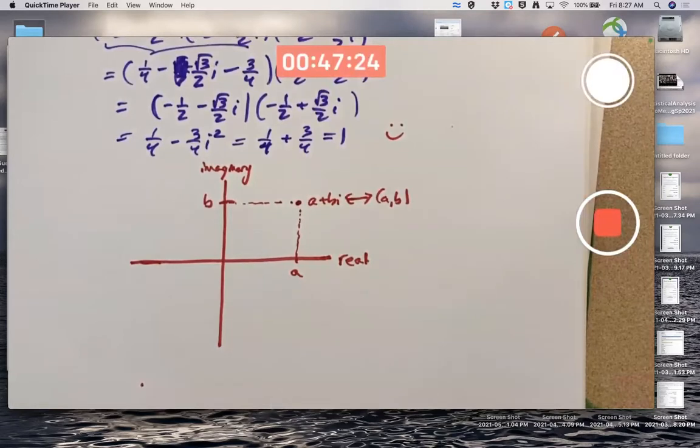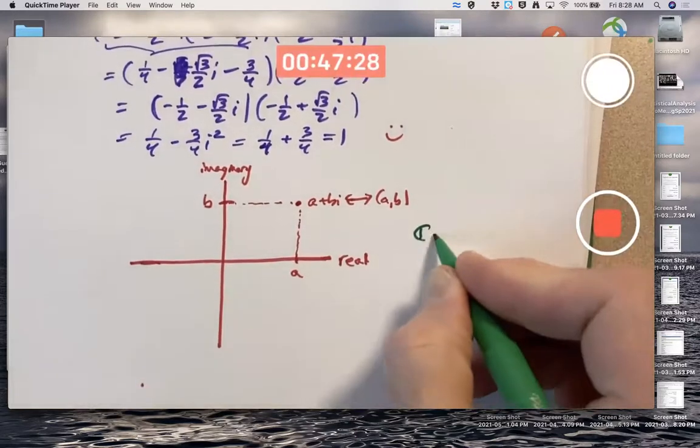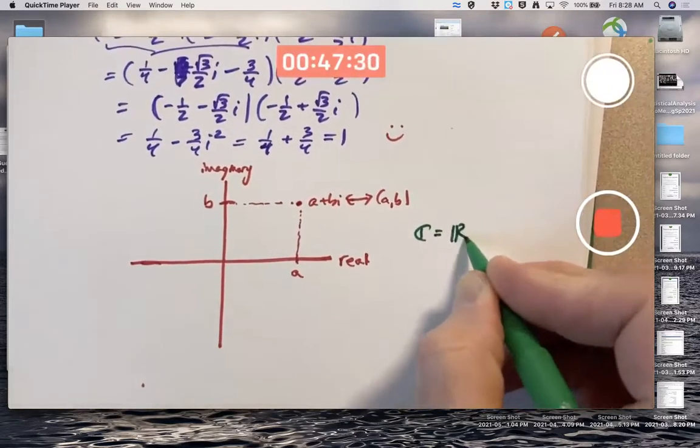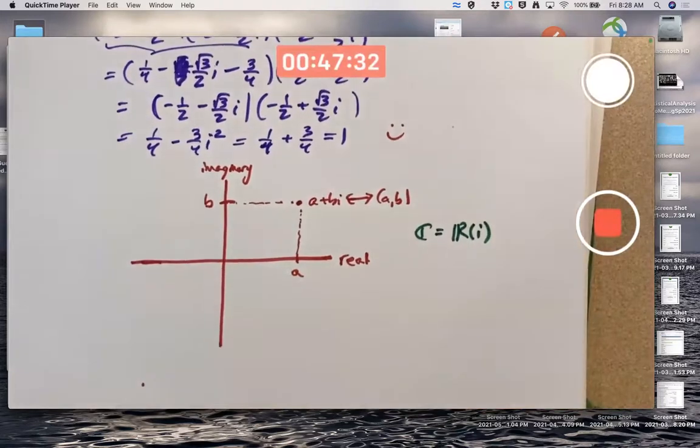In fact, the complex plane C is in fact R adjoin i. Right, it's a field extension of the real numbers containing i squared is -1.